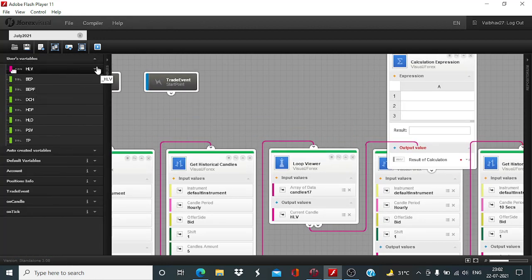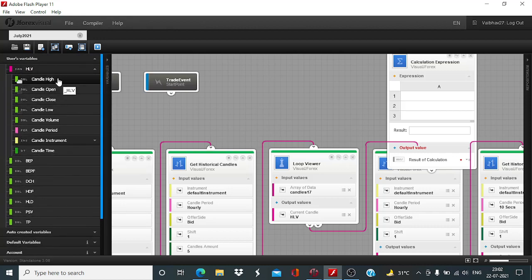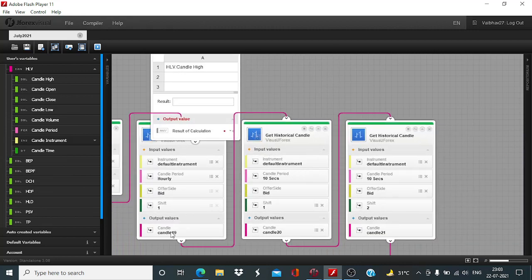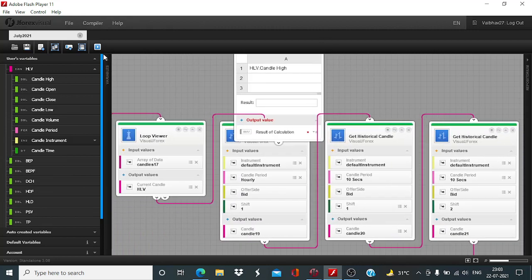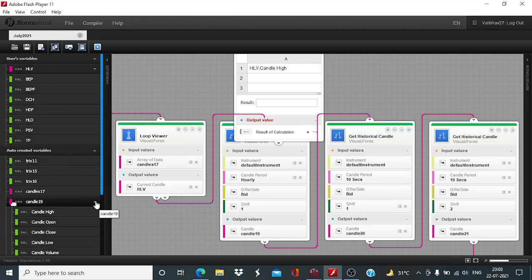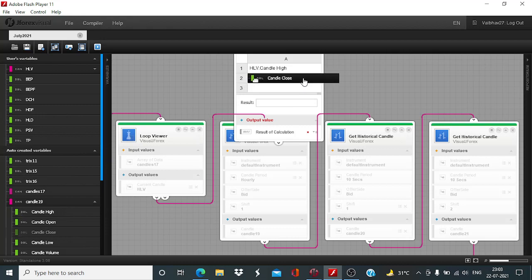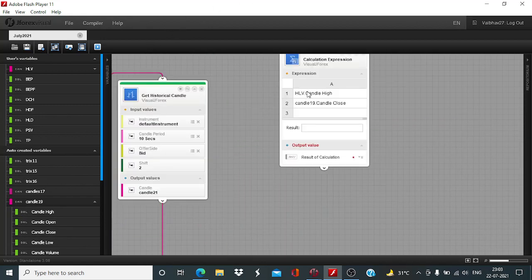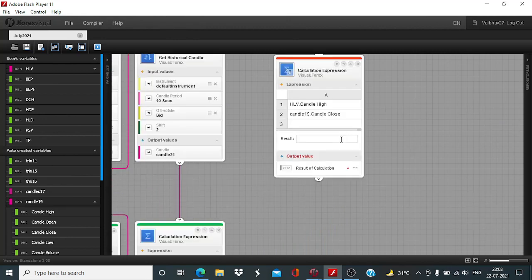HLV high, and candle 19's closing value. It is going to be A1 minus A2.